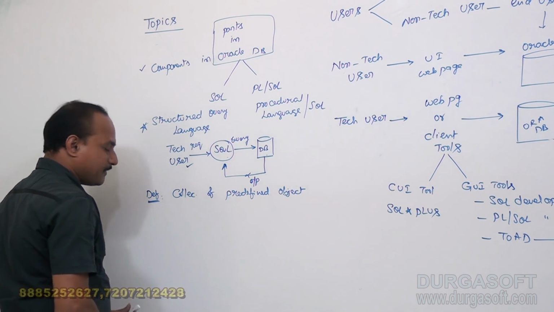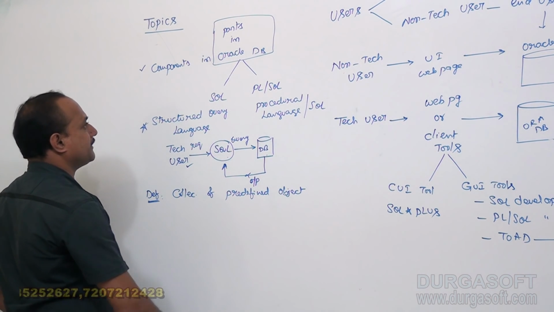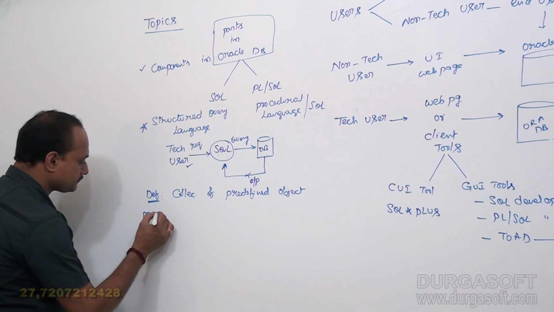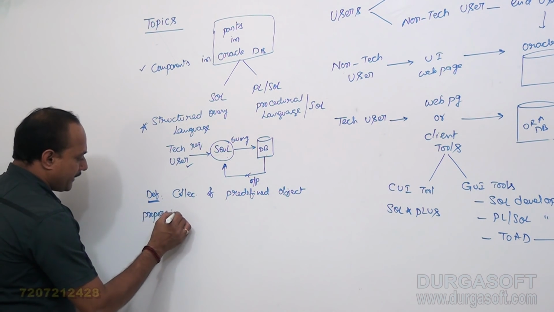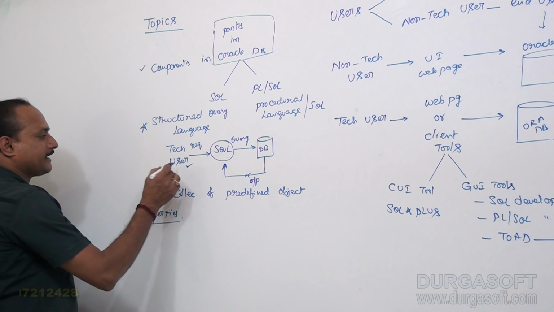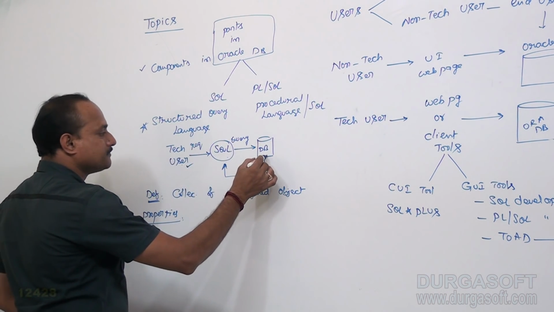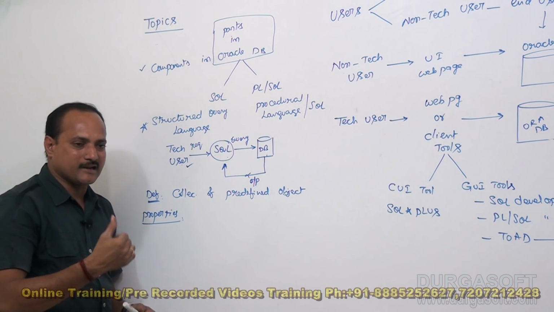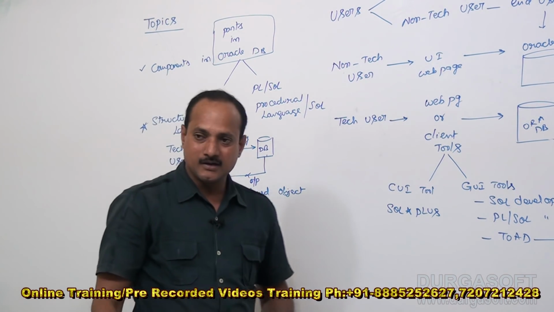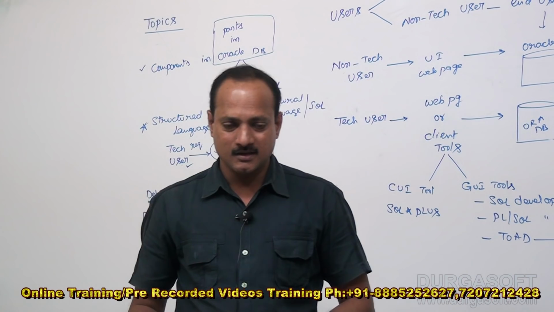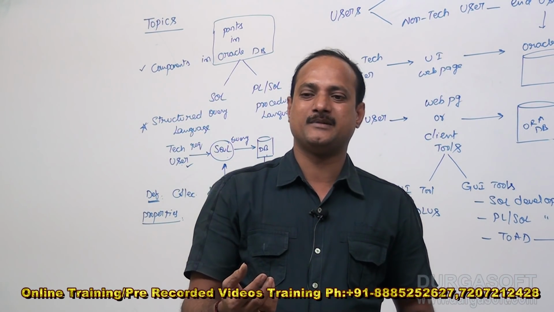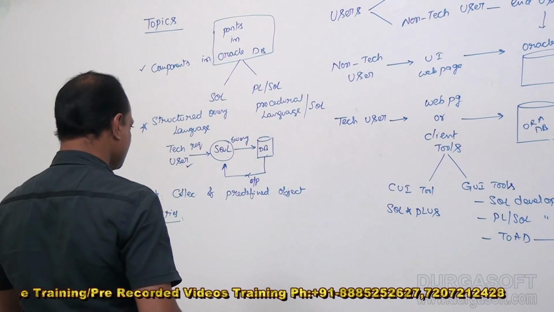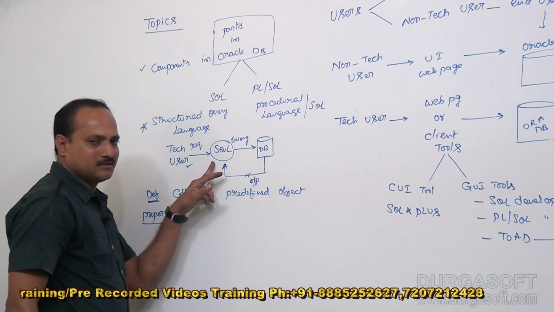Now, what are the properties of SQL? Again, I am repeating: the technical user has to communicate with the database to get results from the database, to enter data into the database, or to make changes in the database. How does he communicate? He needs a language, and the language is structured query language.